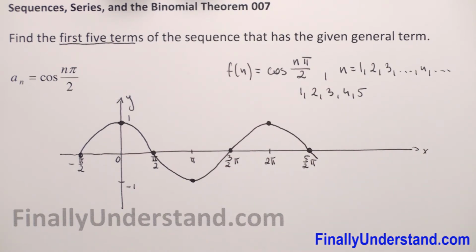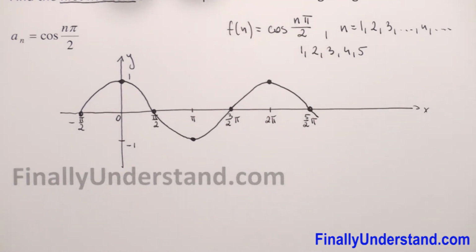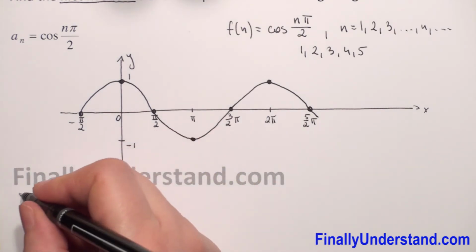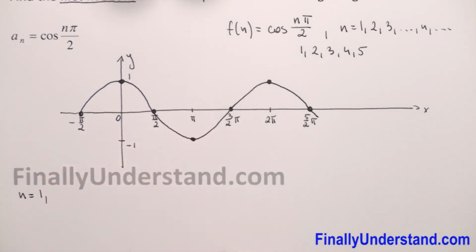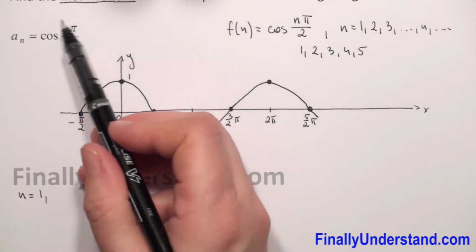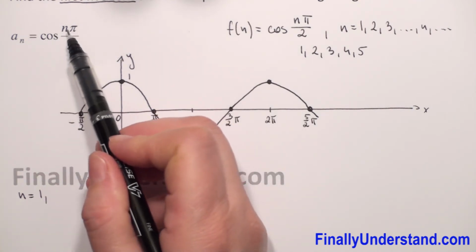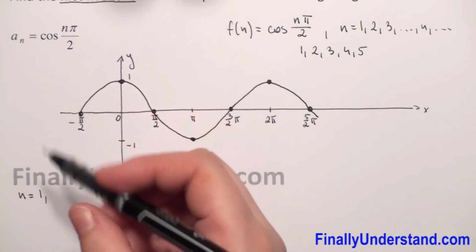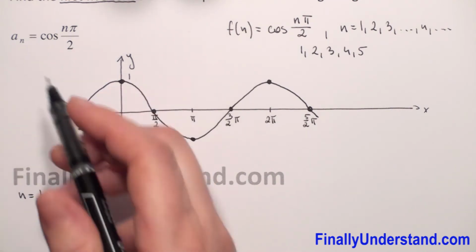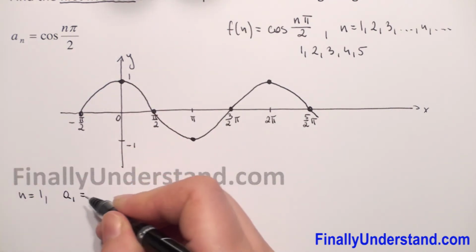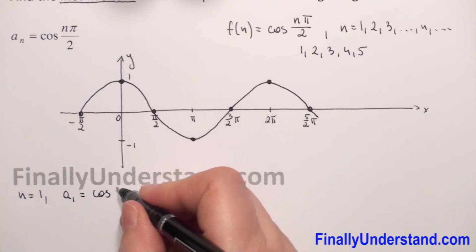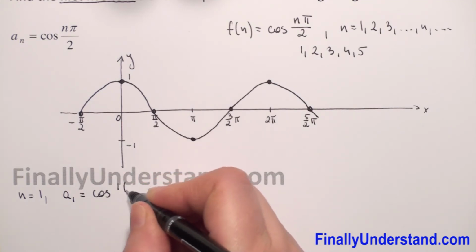So first, let me write that n is equal to 1. We have to substitute in our expression n by 1. So a1 is equal to cosine of 1 times pi, we can put in parentheses, over 2.